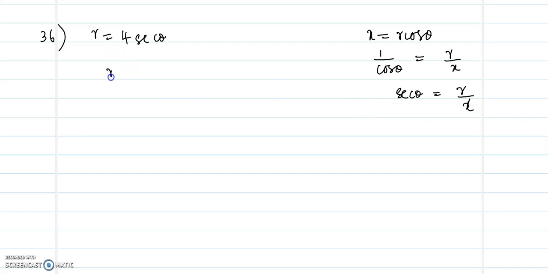We can substitute that here, so we get r equal to 4 r/x. When we cancel off r, we get 1 equal to 4/x, so x equal to 4. So r equal to 4 sec theta will be the line x equal to 4.